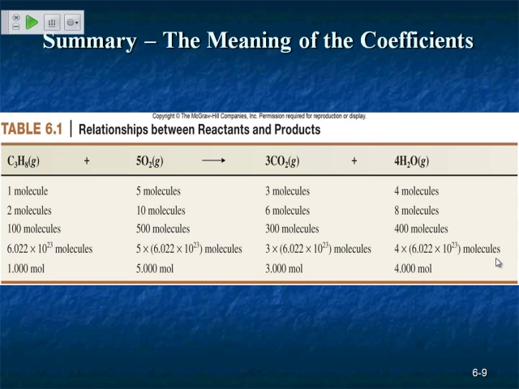Hey, that's the number. And I can start with that. What does this number mean? How much do I have? This number means I have 1 mole of propane, because this number specifies how many molecules you have in 1 mole, right? So if I'm starting with this number of propane, that means I have 1 mole of propane.